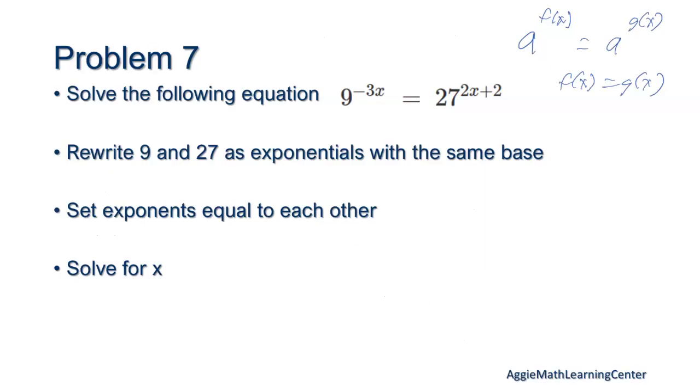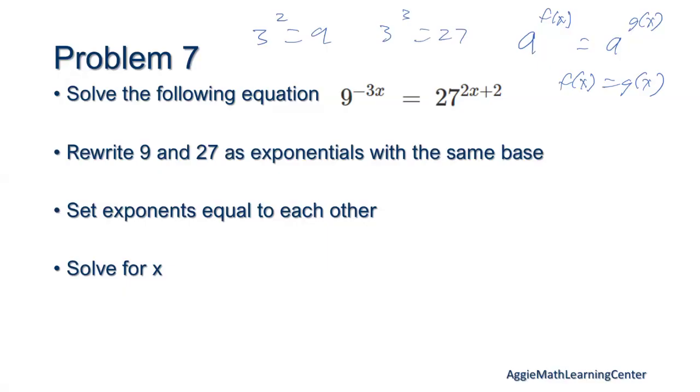They're not the same base, but we can write them as the same base, because they have a common factor. 9 is 3 times 3, and 27 is 3 times 3 times 3. So 3 squared equals 9, and 3 cubed equals 27.